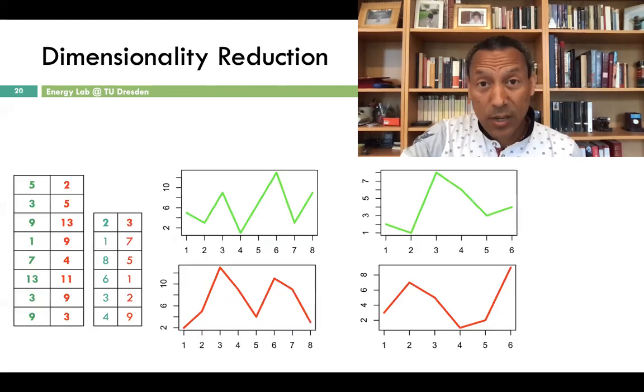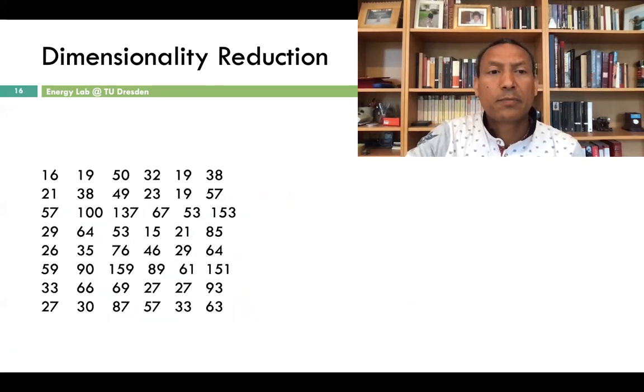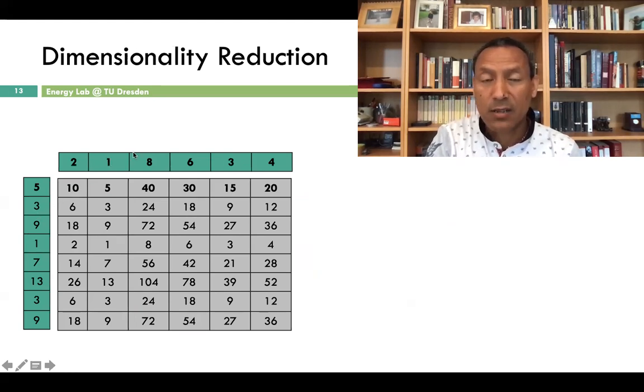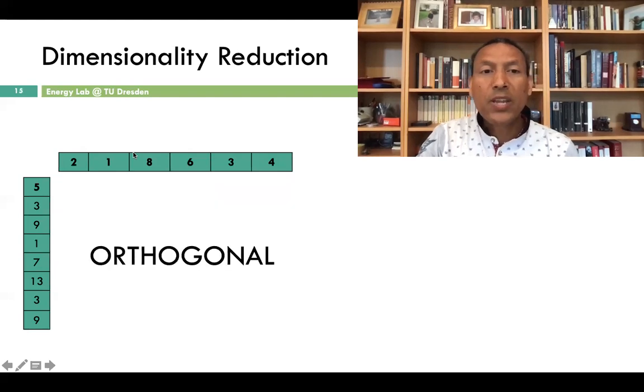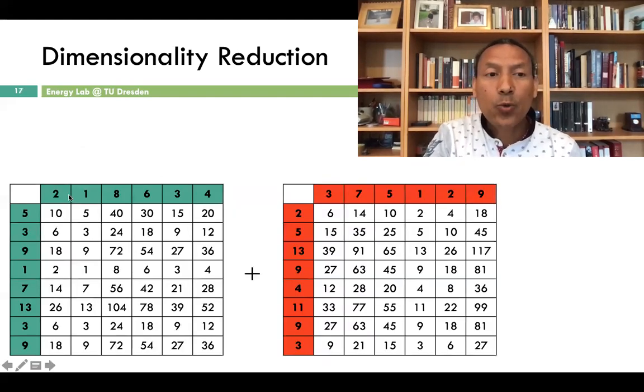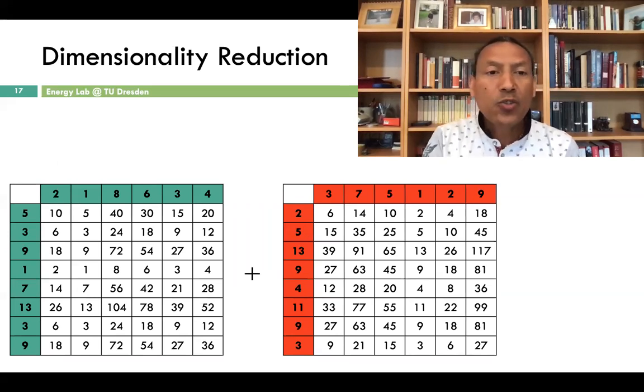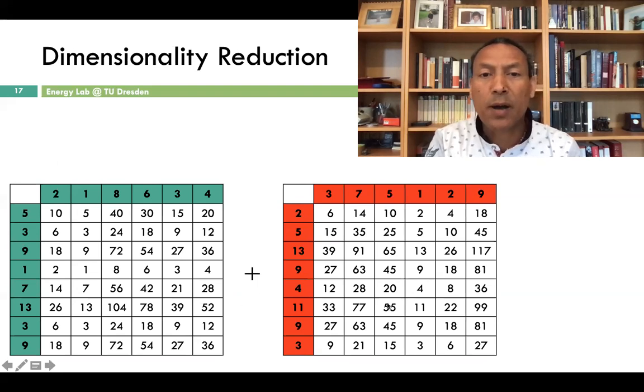Remember, let me just take you back one. Remember, we could reconstruct this raw matrix just from this one set of basis vectors. But we said we now need two sets of basis vectors to reconstruct, but both of them are not equally significant.